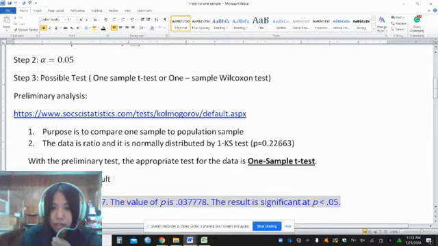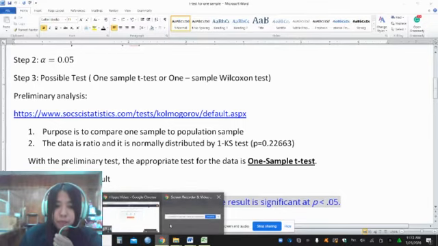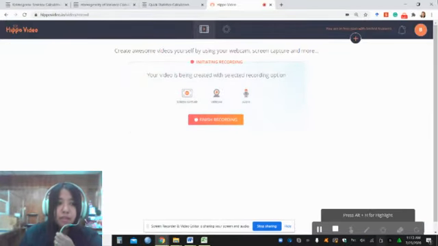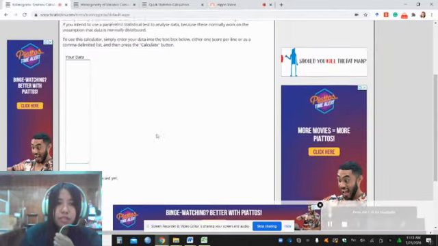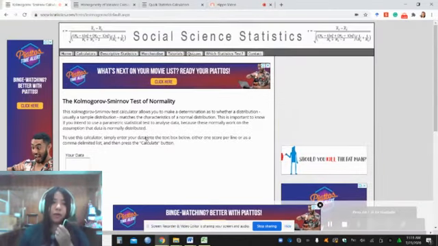To check it, we're going to use one sample KS. So we will use an online calculator. This is the online calculator for the Kolmogorov-Smirnov test of normality.